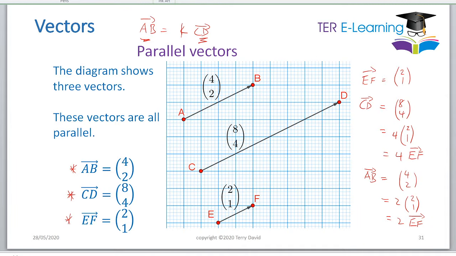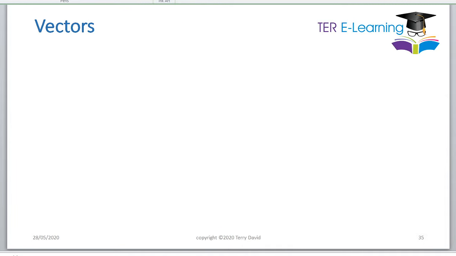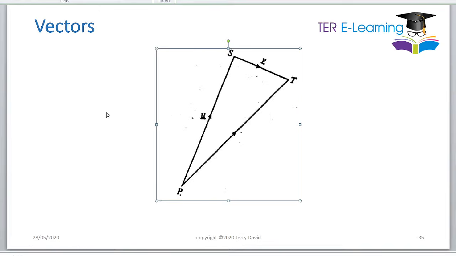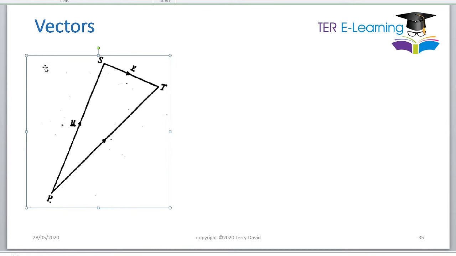All right, so since your exam is primarily going to be more than likely a multiple choice exam, let me just give you something here. This is an actual exam from a multiple choice paper. Look at this diagram here.